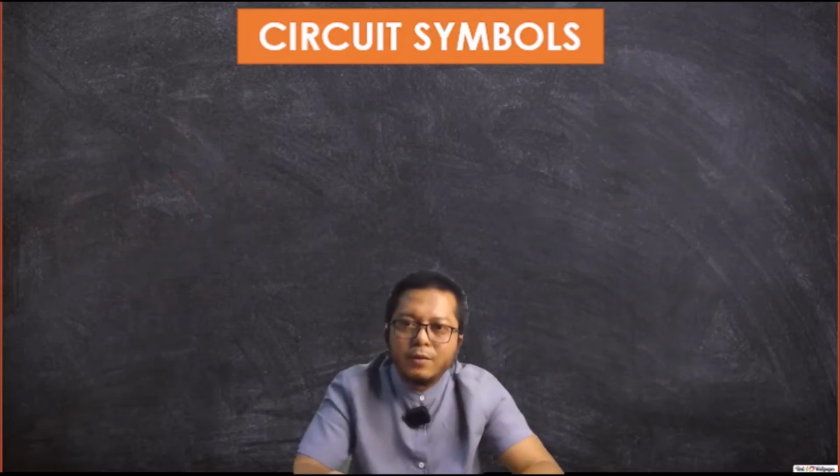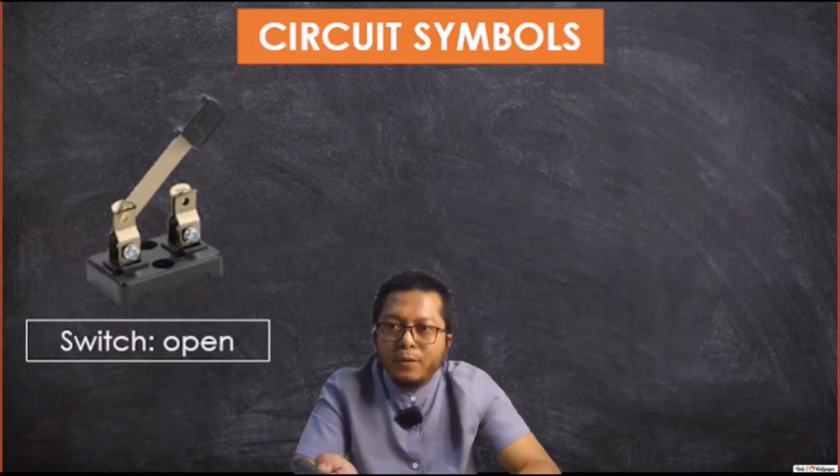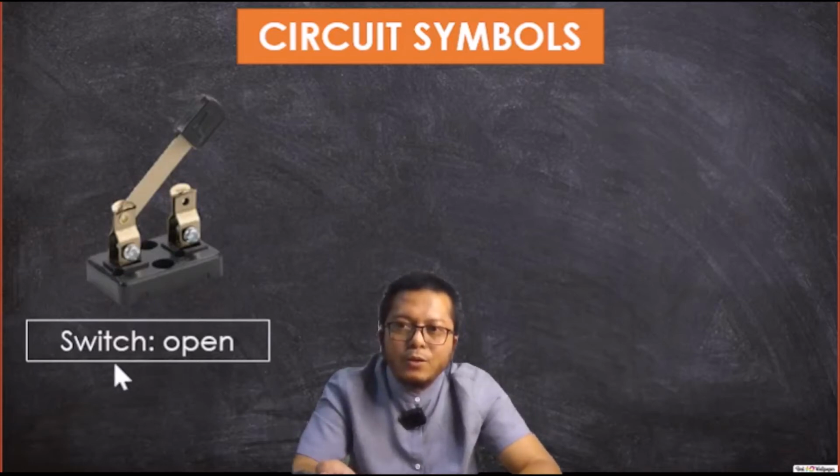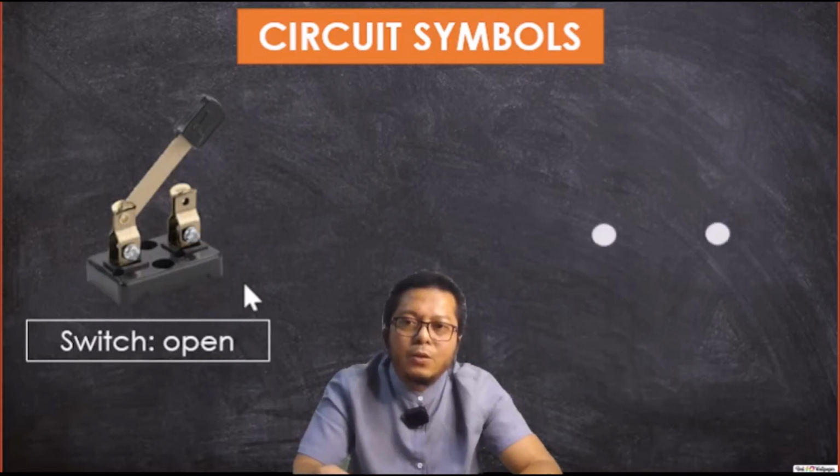Okay, for switch open, look here, switch open. For an open like this, if the switch is off, it's open. So just two circles with two lines, and the switch, this is the switch open.